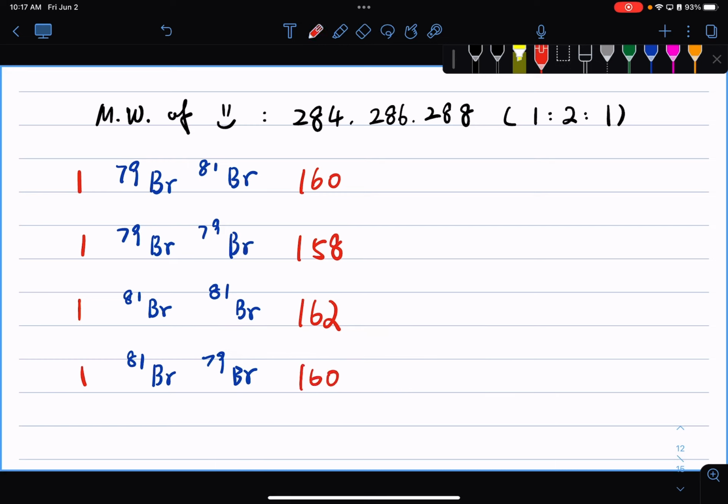All right, and now you have one combination that's 158, one combination that's 162, and 2 combinations that are 160. So the bromine gives you that nice distribution of the 1:2:1 ratio, 1, 1, and times 2. So that's where that 1 to 2 to 1 ratio comes from. And this explains why we expect 2 bromine atoms in our molecule.